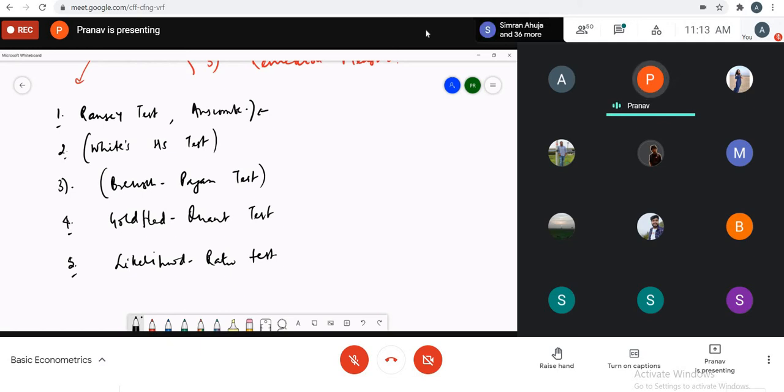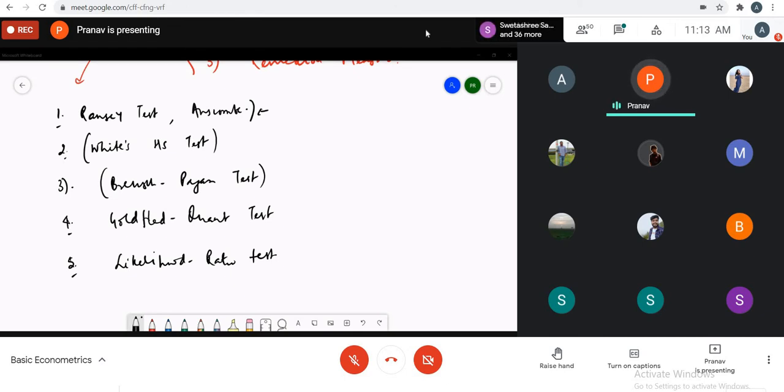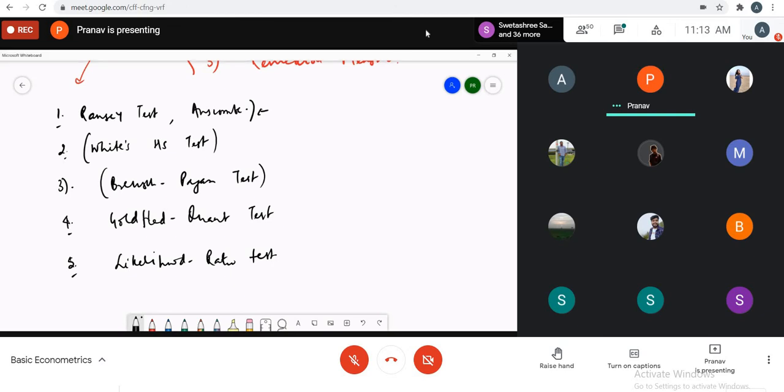But as far as these tests are concerned, Ramsey and Anscomb, they both have suggested running a regression of the residuals that we obtain, that is ui hat, I'm using hat for the residuals, on the predicted values of y from the regression, that is, on the various powers of the predicted values of the regression.